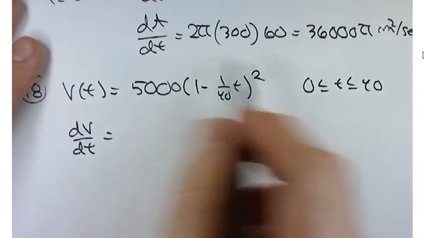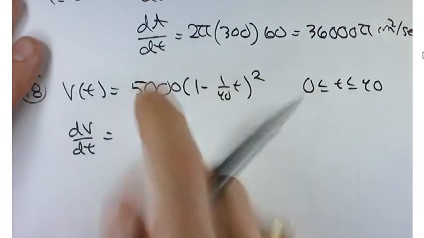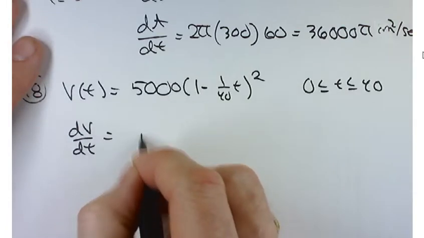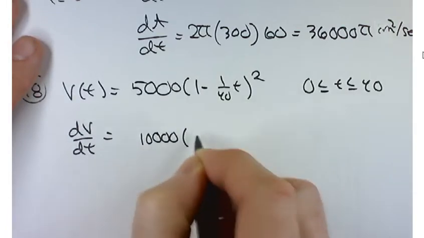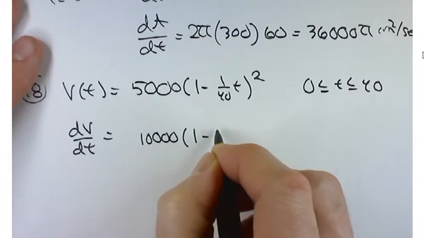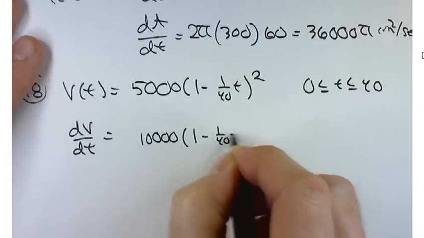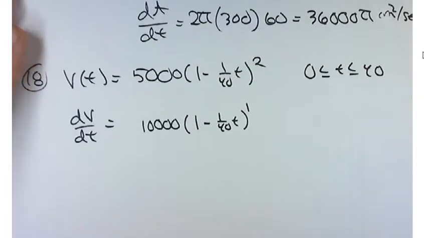It's going to be the derivative of the outside. So 2 times 5,000 is going to be 10,000 times 1 minus 1 over 40 t to the first power. So that's the derivative of the outside times the derivative of the inside.